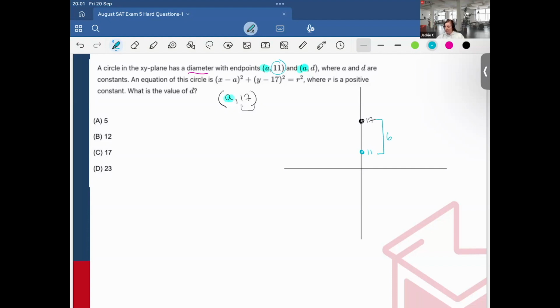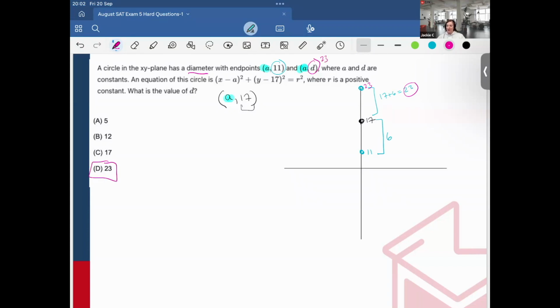So the radius is 6. And if I want to go up, I want to find the other endpoint. So the other endpoint will be on the other side of the center, and I would just do 17 plus 6, which is 23. And that would be the d value here.